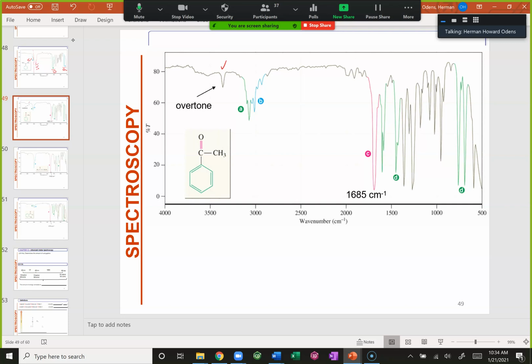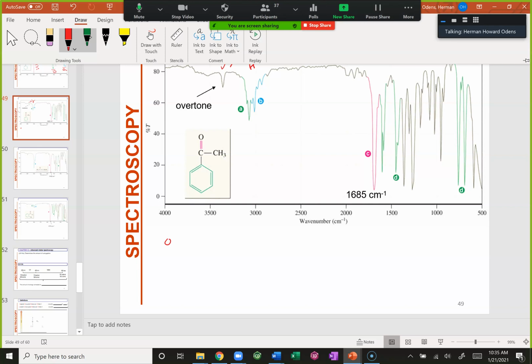So basically it's like saying that this carbonyl went like this, so this little piece is gonna show up over here. So anyway, you will identify an overtone, and don't let an overtone trick you into thinking that this is not an NH. All right, it's not.